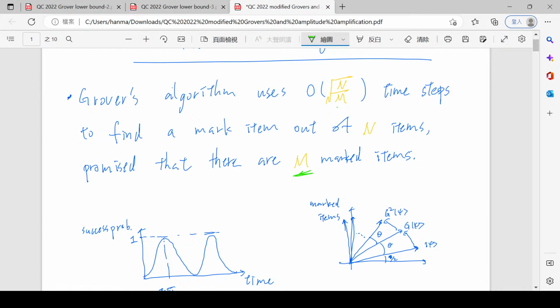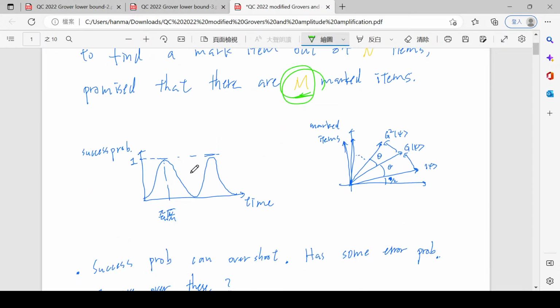But there is the issue of whether this m is known or not. Because the success probability of Grover's algorithm is sinusoidal, it goes up and down. The first peak is at square root of n over m, but if you don't know m, then you can overshoot. So that's one problem.